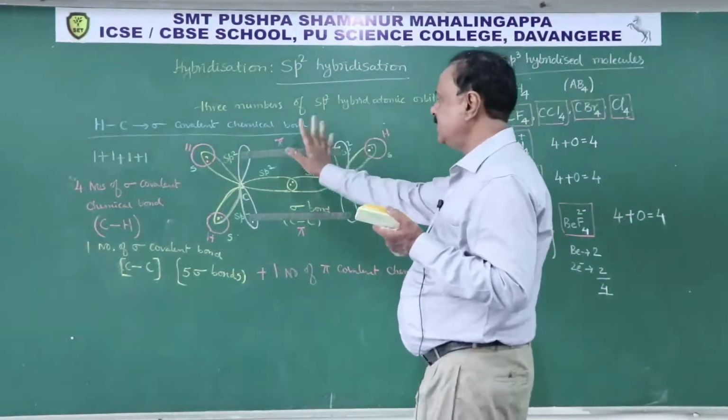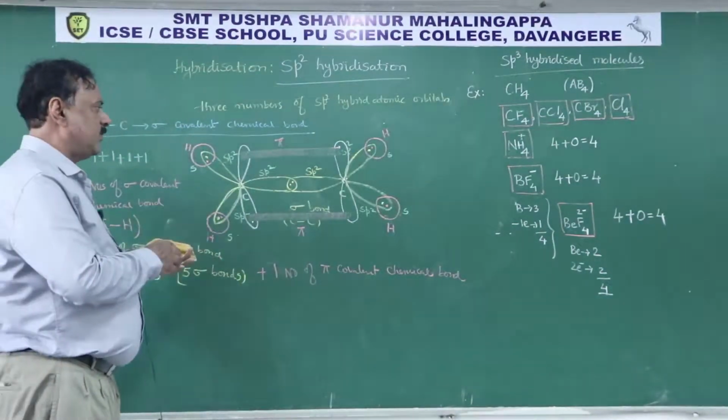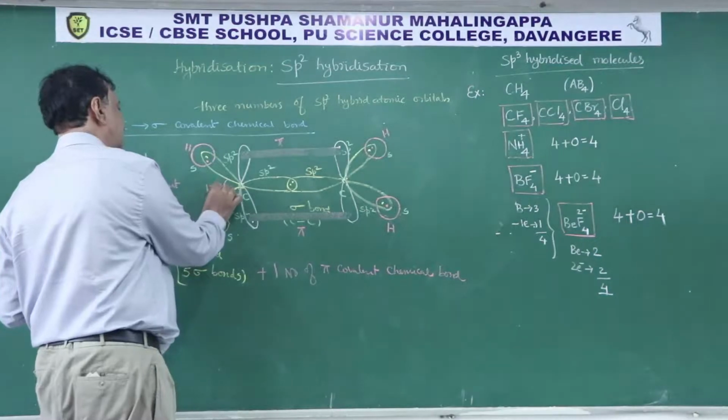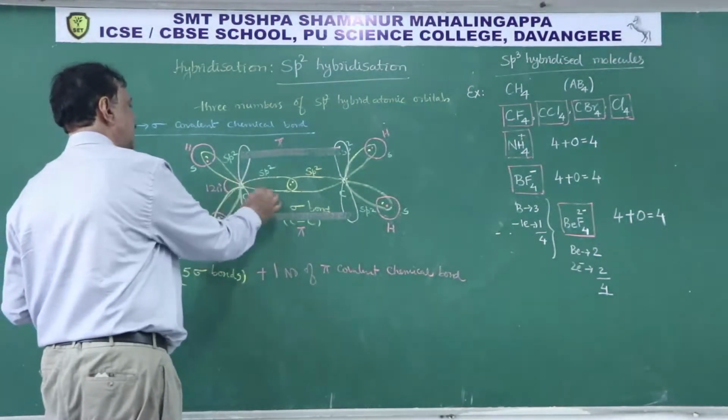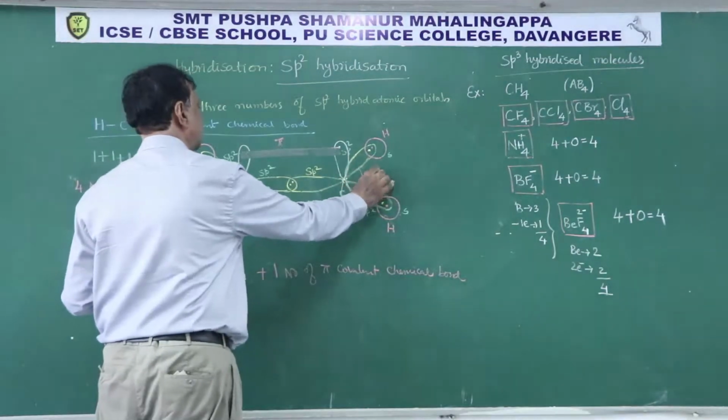This is about the structure of the ethylene molecule. Now, what about the bond angle here? That is equal to 120 degrees. This corresponds to the planar bond angle.